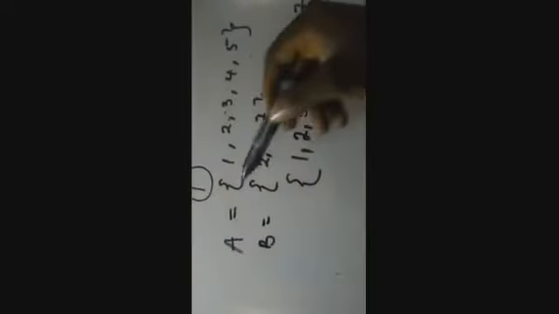So we can be given set A to be 1, 2, 3, 4, 5, and set B to be 2, 6, 7. Then we'll be asked to find A union B. So A union B will be the combination of these two sets to get a different set.